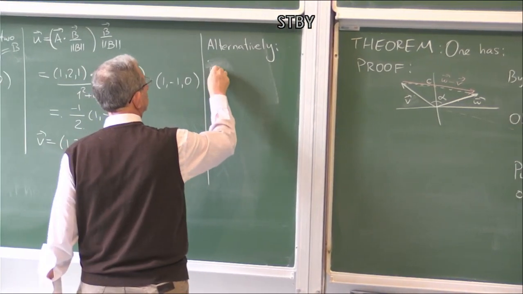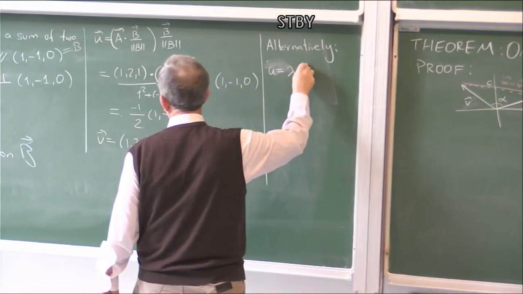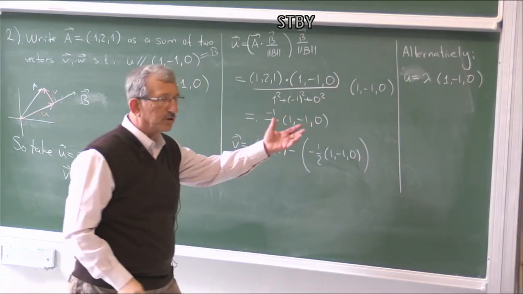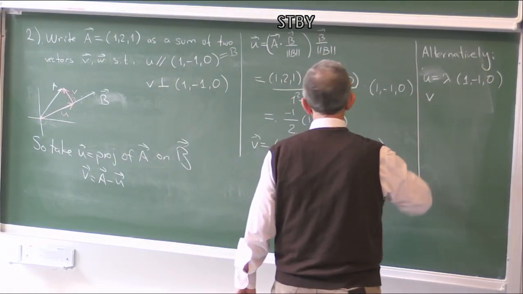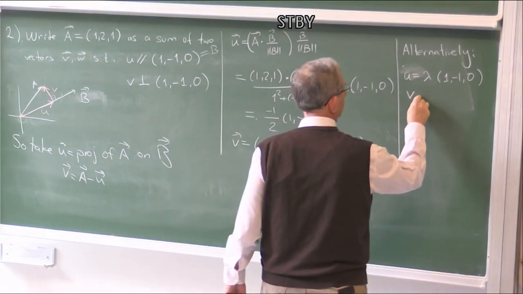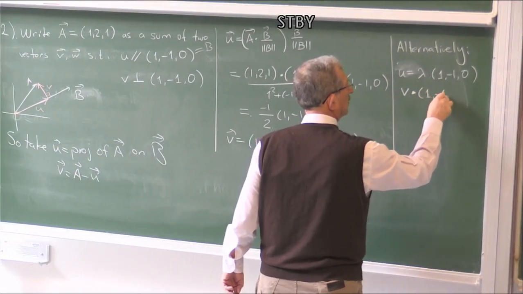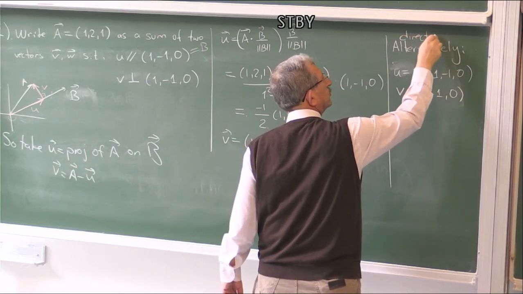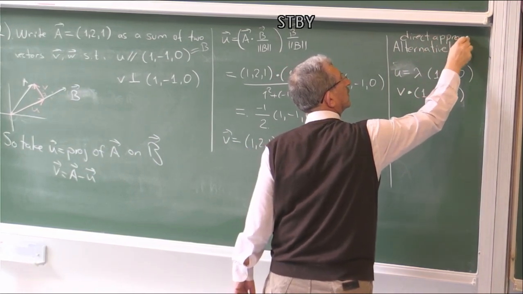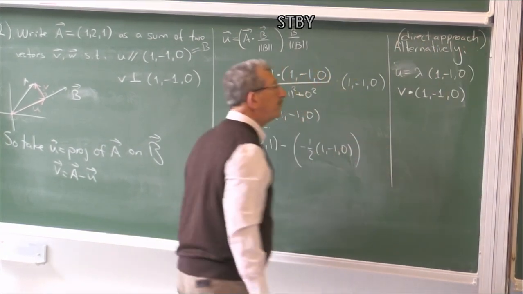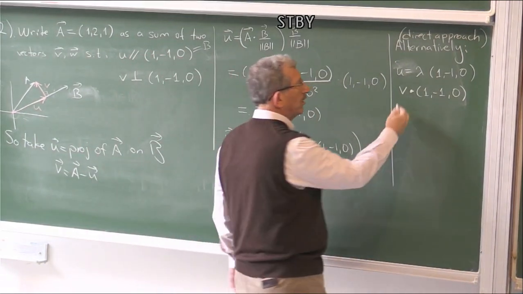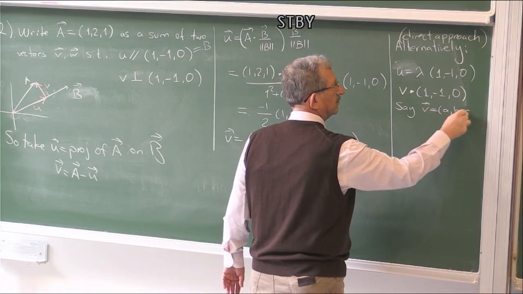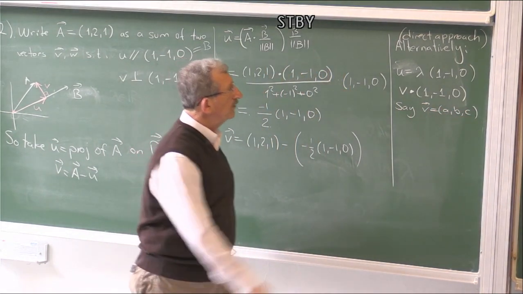So U is a multiple of 1, minus 1, 0, because it's parallel to this vector. And V is perpendicular to this vector. Okay, so this is a direct approach as an alternative one. Now, say V is A, B, C. Okay, well, this is U.